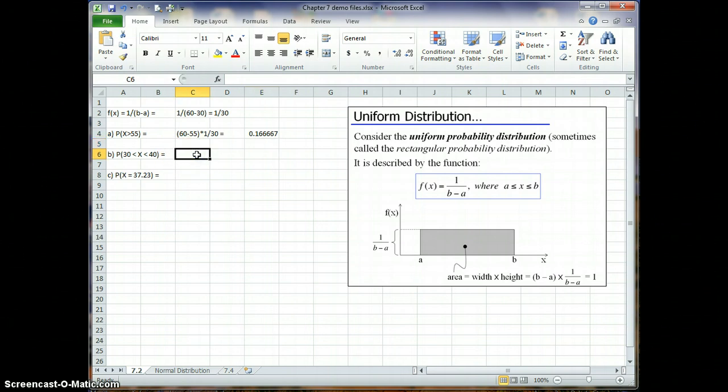Part B, the idea is the student completes the quiz in a time between 30 and 40 minutes. So greater than 30 but less than 40.